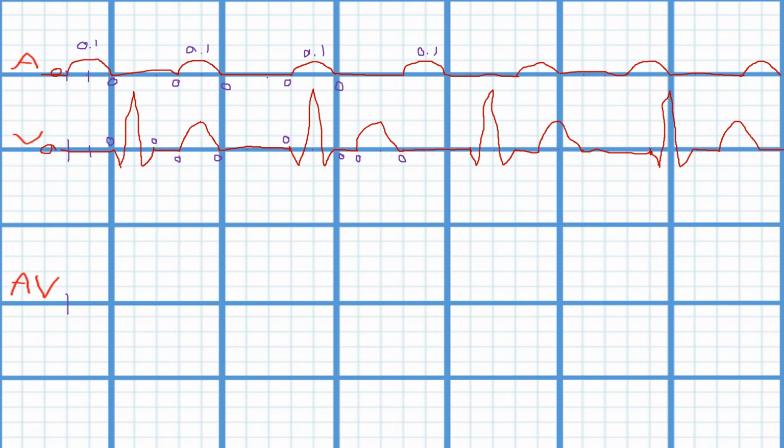Okay, now how low are we going? Well, we're going to negative 0.1 millivolts, right? And that's at that level. Once again, this is negative 0.1 millivolts. All right. Now right here, this peak is going to be at 0.4 millivolts.